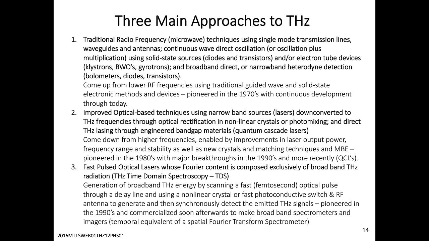And then finally, the third technique is to essentially use Fourier transform spectroscopy, or to generate broadband terahertz energy through time domain technique using a fast femtosecond laser and the same kind of frequency conversion techniques that optics people used in the 1980s to generate very wide signals with not too bad power content, but sort of microwatt levels of power throughout the terahertz range by making sure you have a laser that has a pulse width of only a few femtoseconds, so that you get very broad terahertz signal response from the Fourier transform.